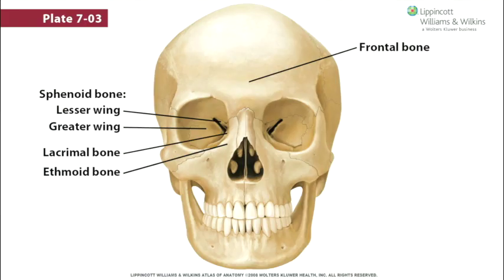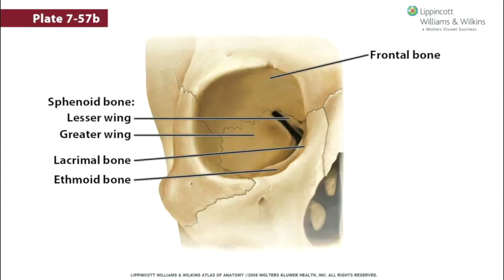The lacrimal bone and parts of the ethmoid, frontal, and sphenoid bones form the medial wall of the orbit. On the inferior part of the medial wall, at the anterior edge of the lacrimal bone, is the opening for the nasolacrimal canal. The nasolacrimal duct travels down this canal and opens lateral to the inferior nasal concha in the nasal cavity.